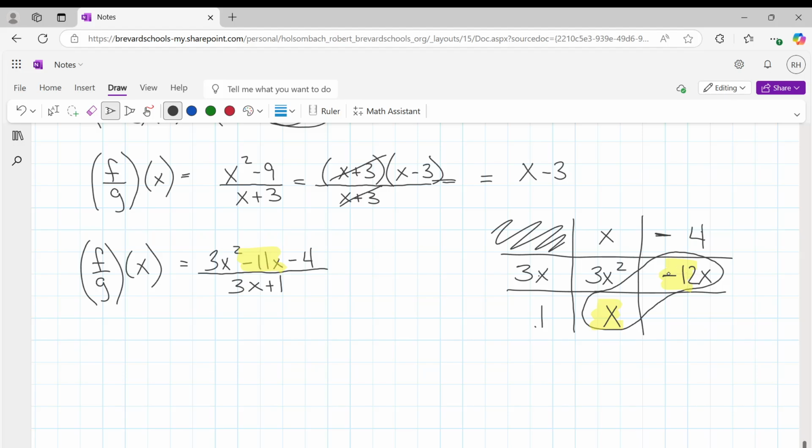Now, -12 plus a positive x equals -11x. So this 1 right here has to be positive for 2 reasons. Because 1 times -4 is -4. And this bottom right position has to be whatever this is.